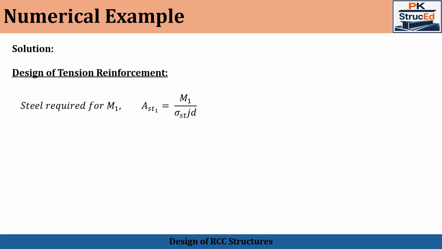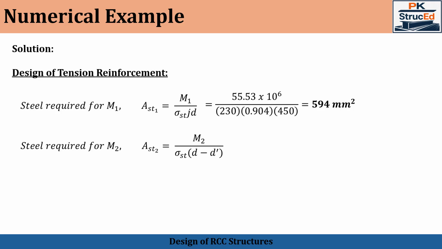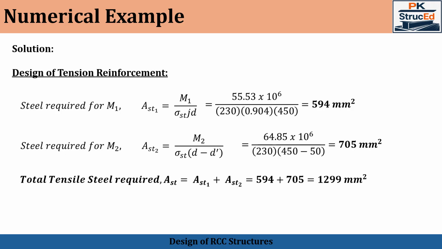The steel required for M1 will be calculated using the relation M1 divided by sigma ST j d, which comes around 594 mm square. The steel required for M2 will be computed as 705 mm square, and the total area of steel required on the tension side is AST1 plus AST2, which comes around 1299 mm square.